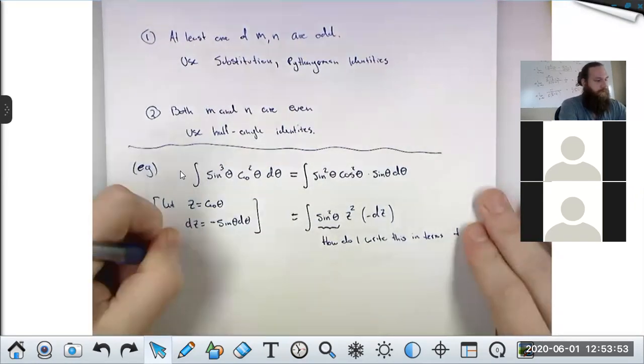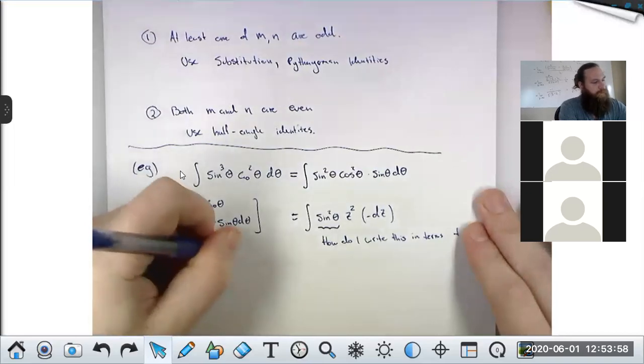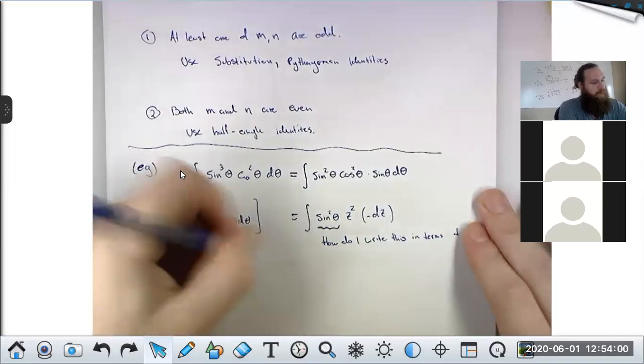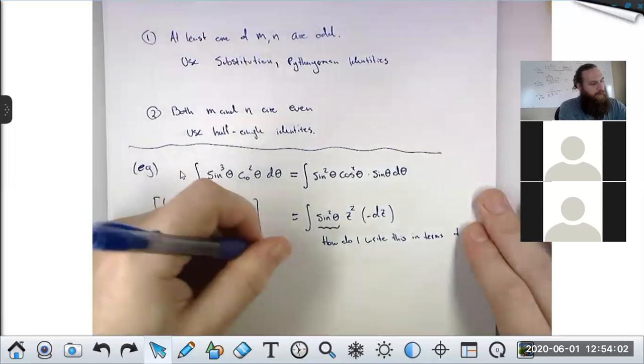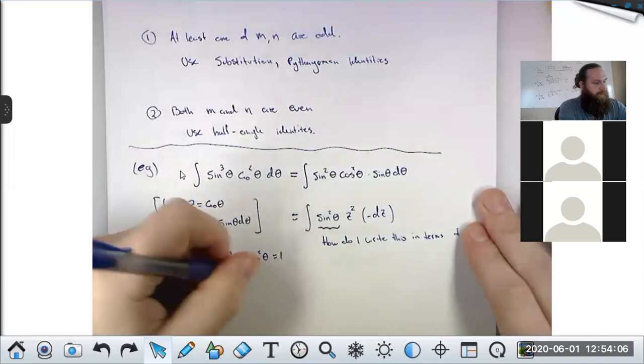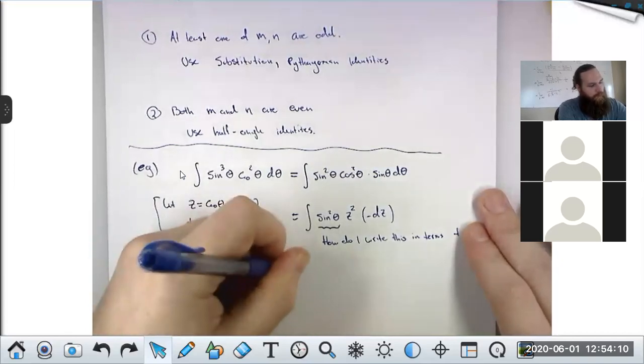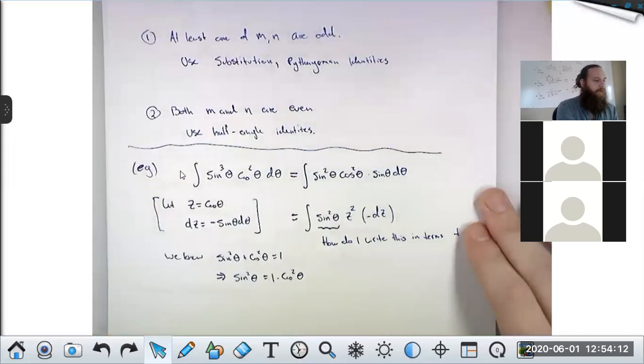We know sine squared theta plus cos squared theta equals 1, which means sine squared theta is 1 minus cos squared theta. And cos squared theta is z squared.